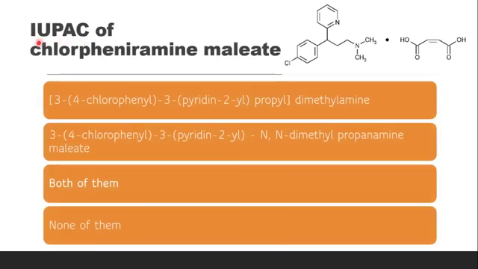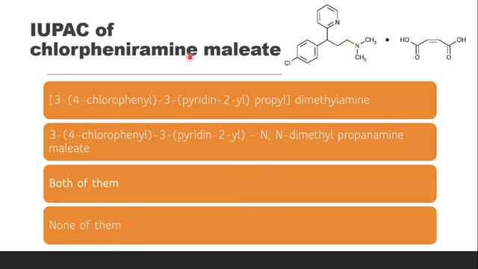Next question is IUPAC name of chlorpheniramine maleate is. The structure is chlorpheniramine maleate. This is the maleic acid structure and this is chlorpheniramine. Now chlorpheniramine contains this pyridine ring and this is chlorophenyl ring, and the alkyl chain is propane, that is CH2, 3 carbons, so it is propane, and N(CH3)2, that is dimethylamine.